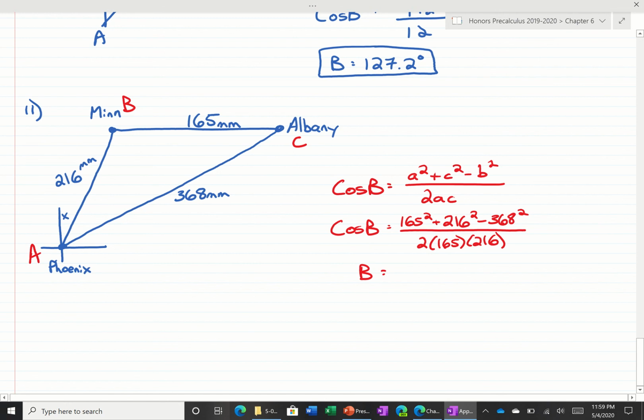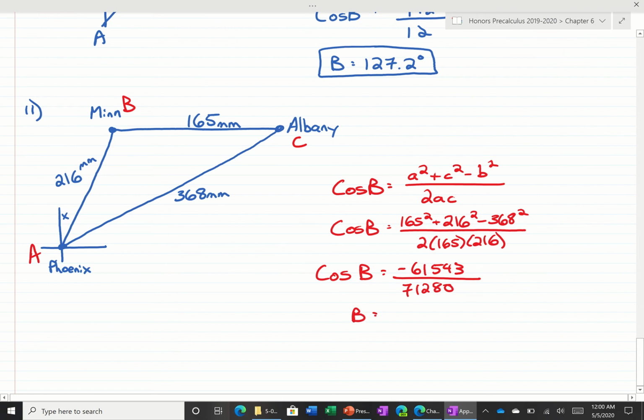And if we take the inverse cosine of this, we get, let's see here, 165 squared plus 216 squared minus 368 squared is negative 61543. 2 times 165 times 216 is 71280.